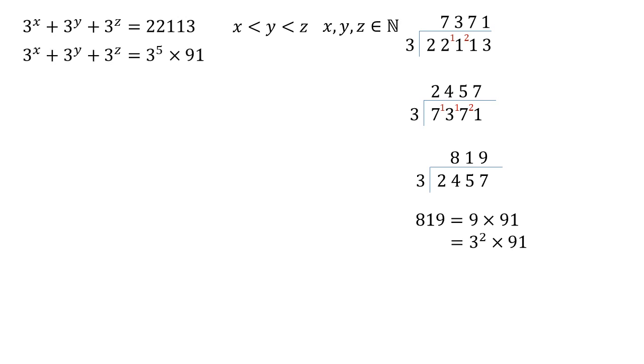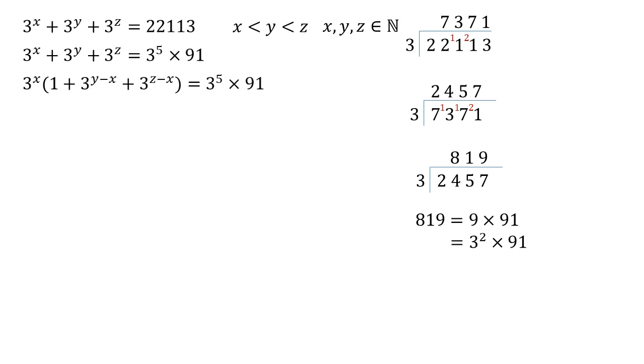So we know that 3 to the x plus 3 to the y plus 3 to the z must equal 3 to the power of 5 times 91. We're now going to try and factorise the left-hand side by taking out the most powers of 3 that we can. As x is the smallest of our 3 unknowns, the largest power of 3 that we can get out of those 3 terms is 3 to the power of x.